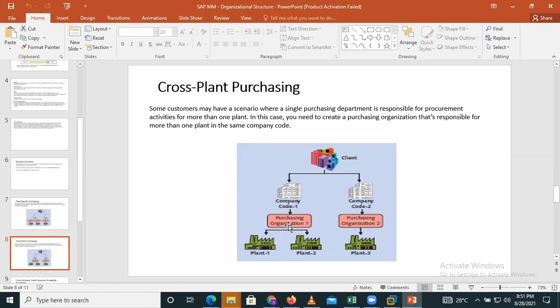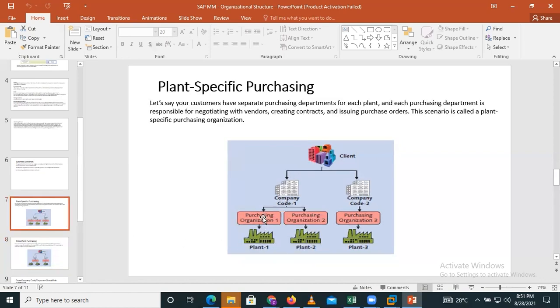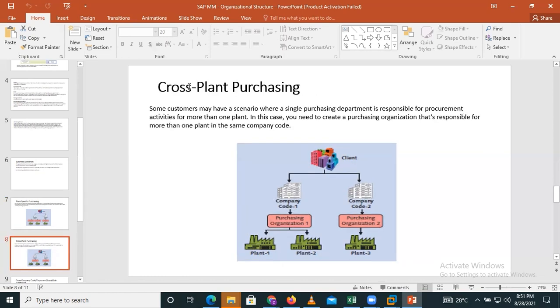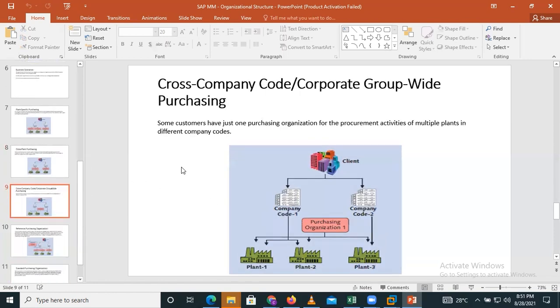So purchasing organization 1 is responsible for all the purchasing activities of plant 1 as well as plant 2. In the previous case, each plant had its own specific purchasing department, so that is called plant specific purchasing. In cross plant specific purchasing, multiple plants belonging to the same company code can have one purchasing organization. Got it? This scenario is cross plant specific.